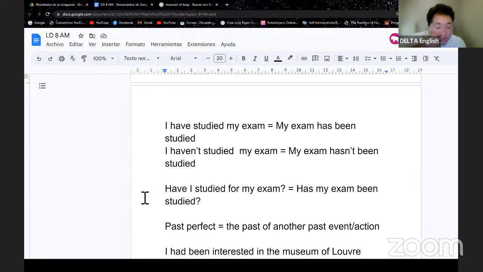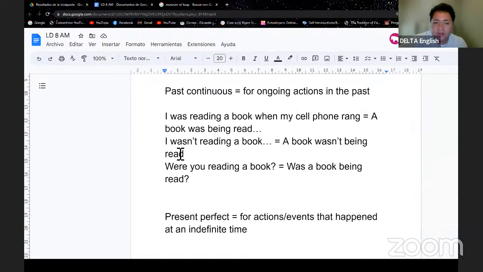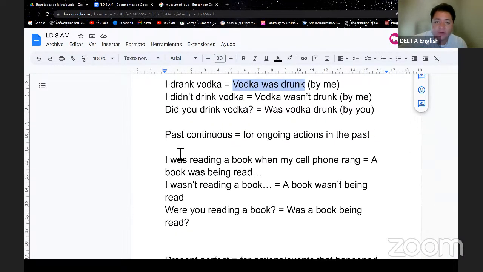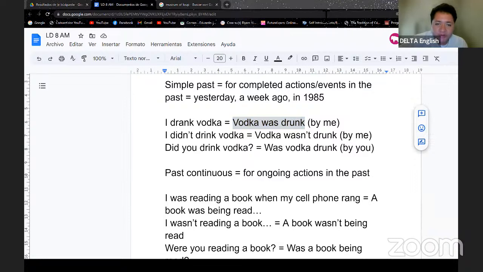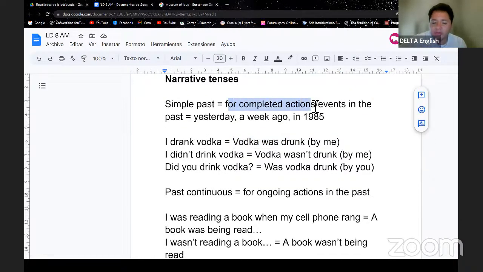So now that we know all the tenses, we can use the narrative tenses and the passive to tell stories or tell things about the past. So the first thing, simple past, remember that is for completed actions. You will use the simple past when you did something and you know when it happened, right?